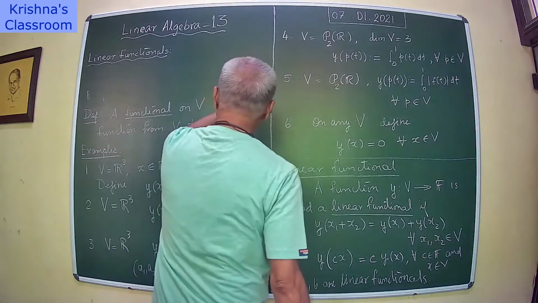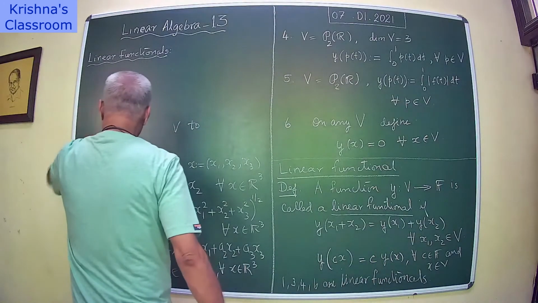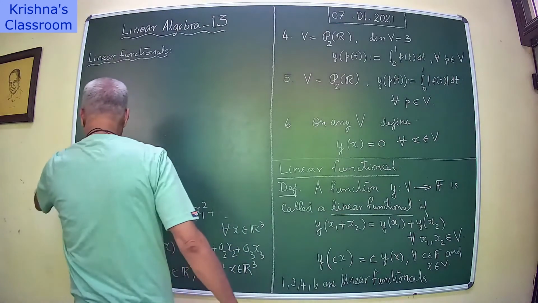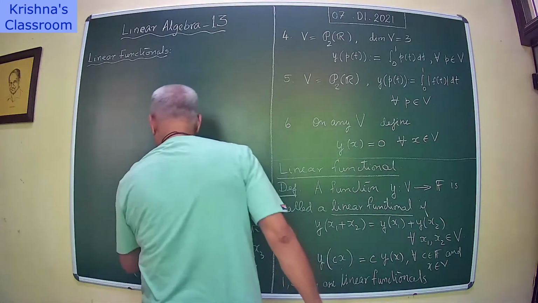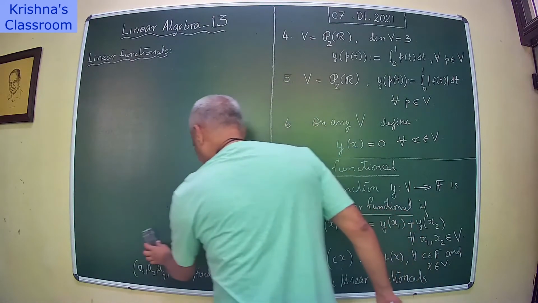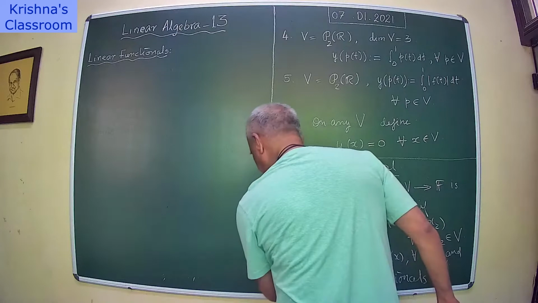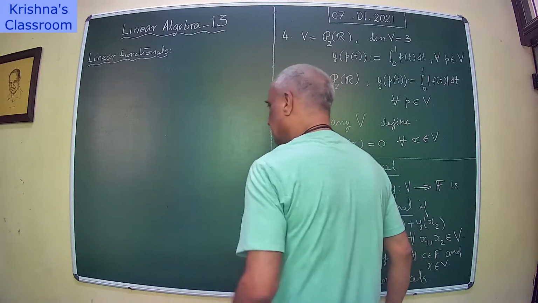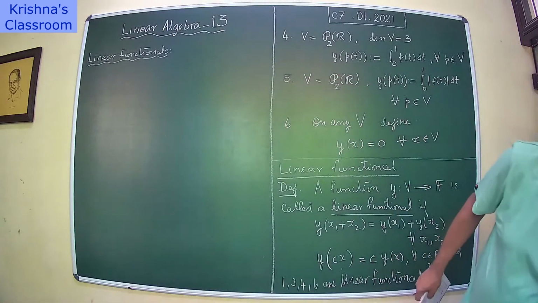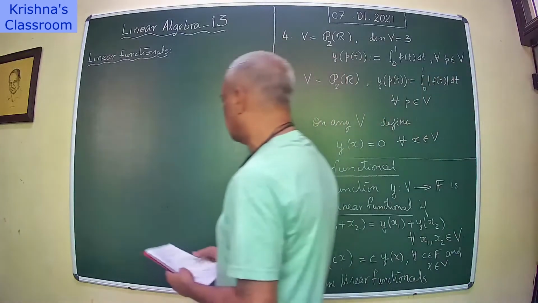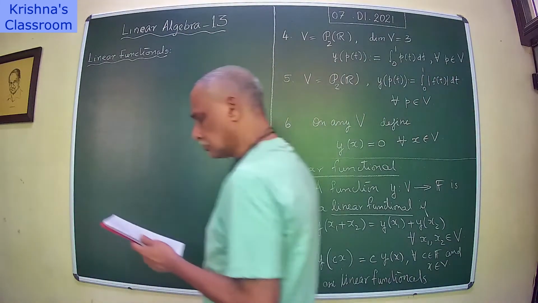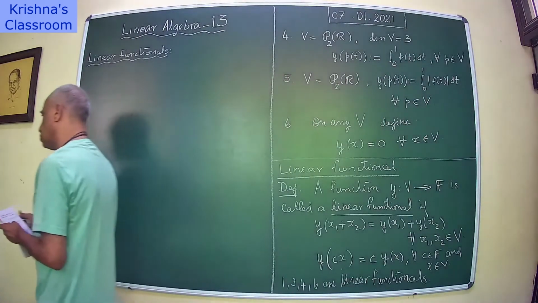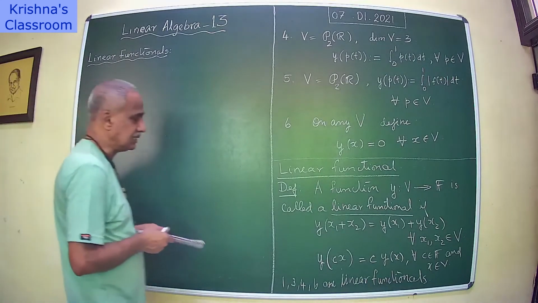So we have defined what a linear functional is. So we are talking about linear maps from V to F. And you know that V is a linear space over F. F is also a linear space over F. And we are now looking at maps from V to F which have the special property called linearity. So we expect this collection of objects also to acquire certain nice properties.